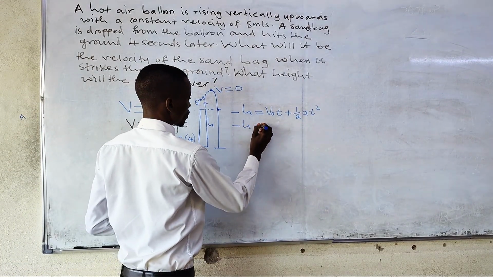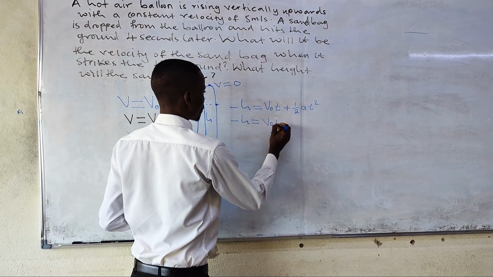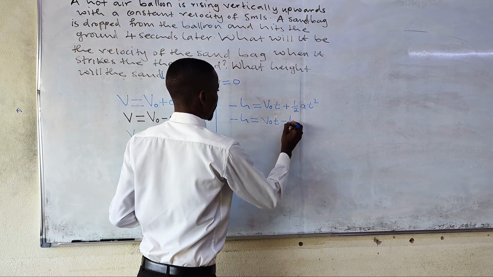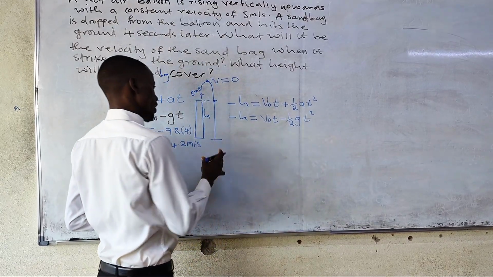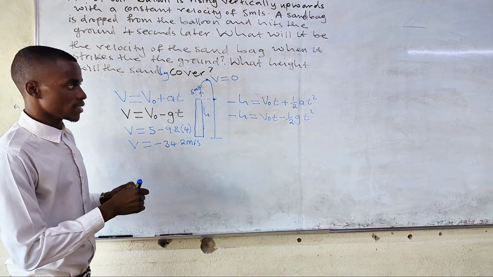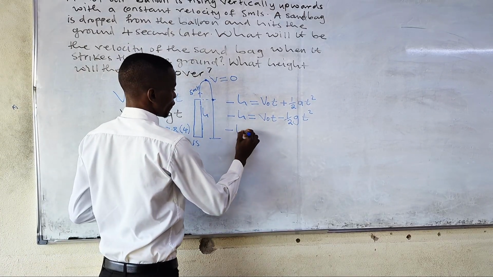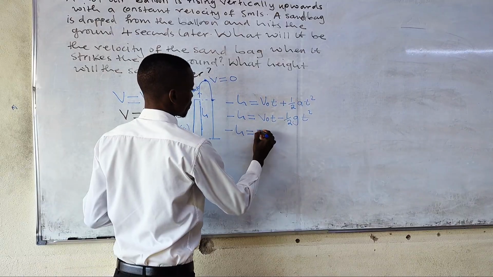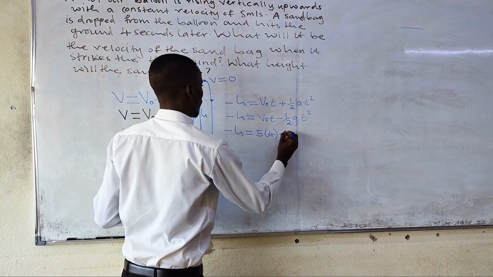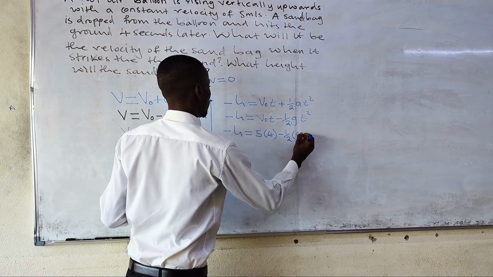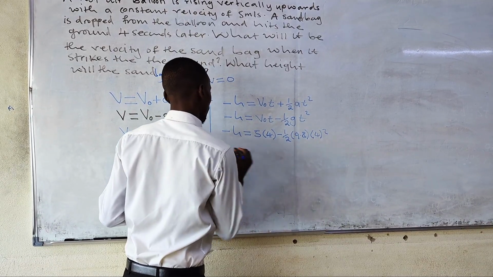So we have negative h equal to the initial velocity multiplied by time minus 1/2 g t squared. We have all these parameters on the right hand side: initial velocity 5, time 4, minus 1/2, g is 9.8, time is 4 squared.